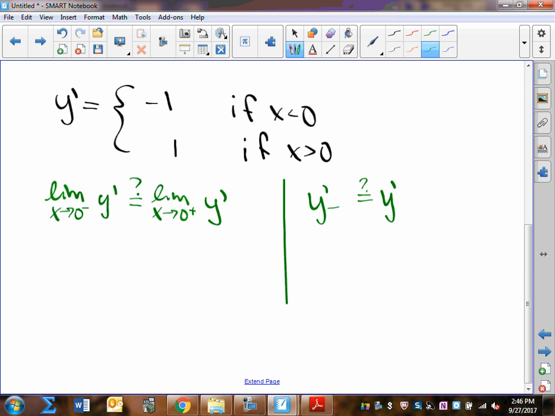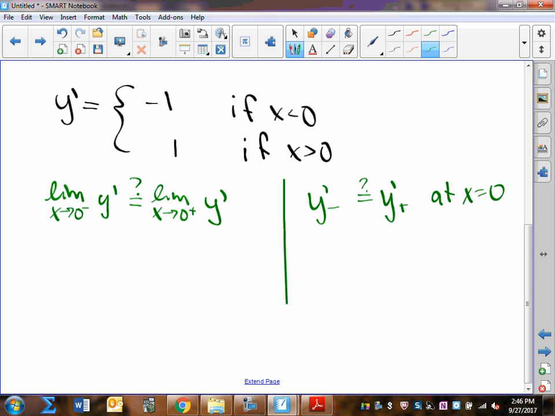But we're doing this at x equals 0. Again, if this was f of x, we'd say f of 0. We could probably just say y prime of 0 from the left, y prime of 0 from the right. It's not really in function notation.